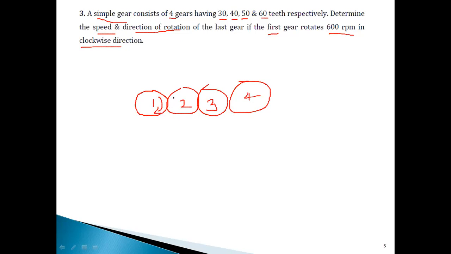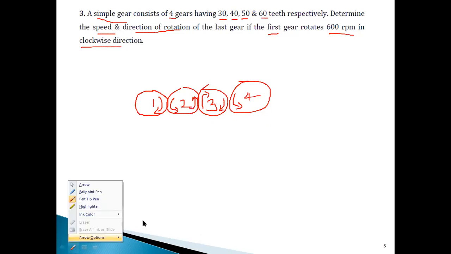If this rotates clockwise, then the idler gear 2 has to rotate anti-clockwise. Once this rotates anti-clockwise, gear 3, the idler gear, rotates in the clockwise direction. Once this is rotating clockwise, the driven gear has to rotate in the anti-clockwise direction. So this is the sketch as well as the directions. Let us see how we can solve this problem in a very simple manner.